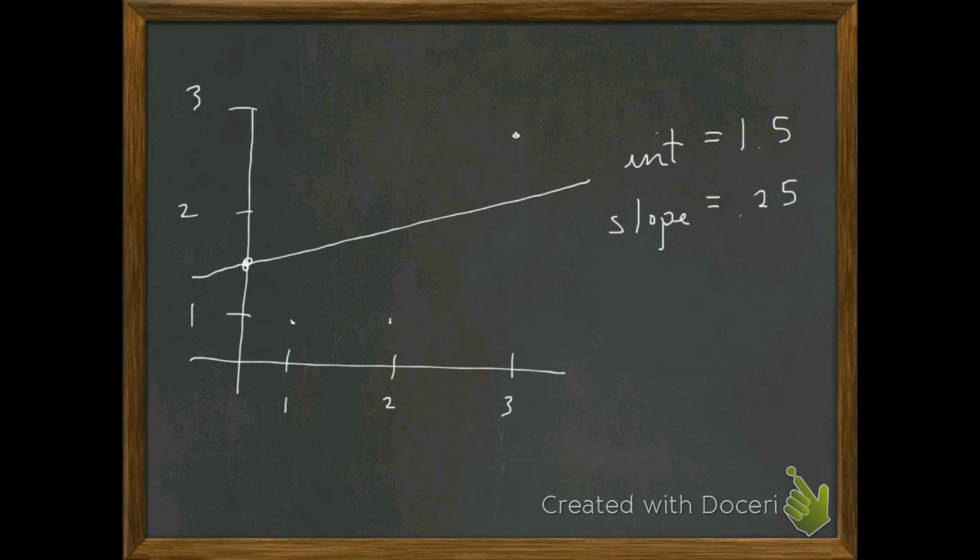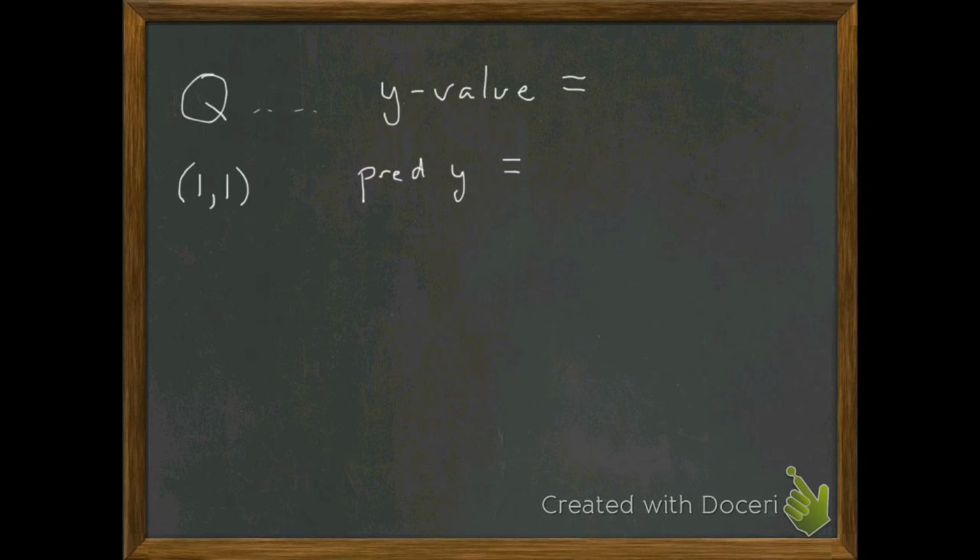So guys, what we can clearly do is create q. And remember, our q is a difference between our y value and our predicted y. Well, guys, for the first ordered pair 1, 1, our y value is equal to 1. Our predicted value is going to be putting x equal 1 in our model, which is 1.5 plus 0.25 times 1.